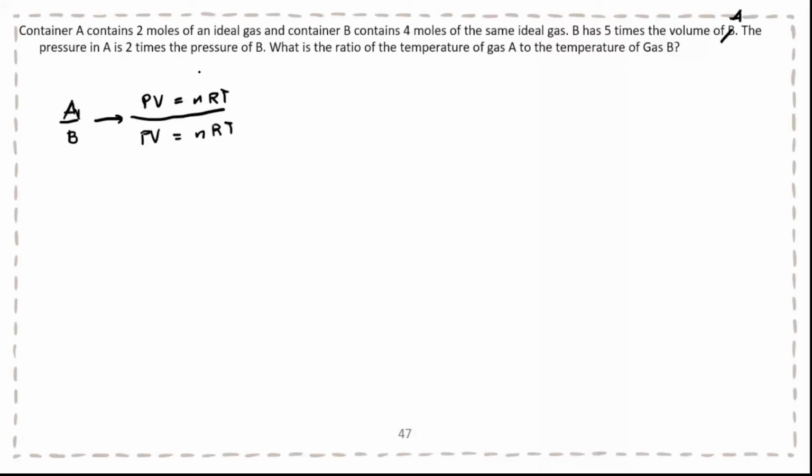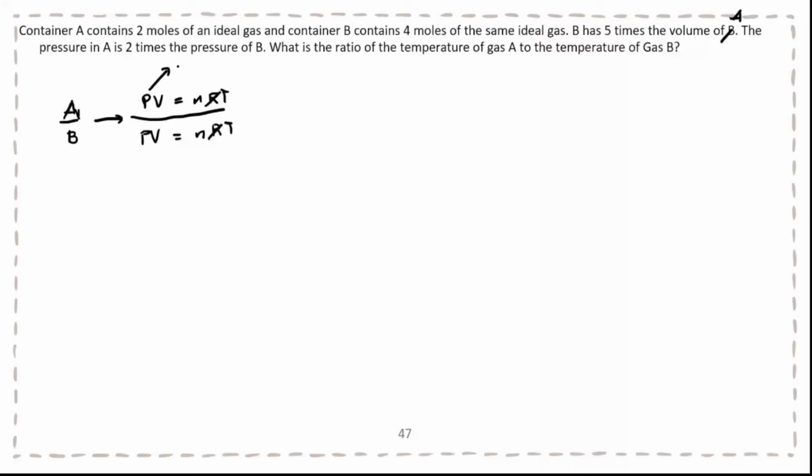Okay? So, ano yung mga given sa atin? Okay? So, ang makakancel sa atin yung R. Yung P, given sa atin that the pressure of A is 2 times the pressure of B.